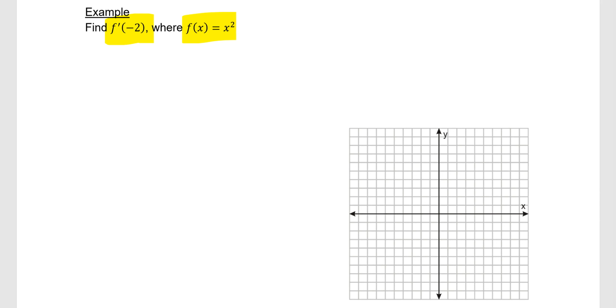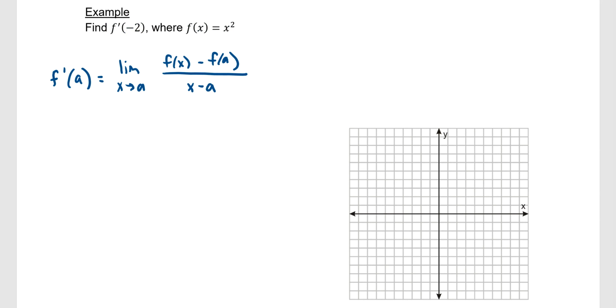All right, so let's use this definition. I'm going to write down the generic definition we just had a second ago. F prime of a equals the limit as x approaches a of f of x minus f of a, all over x minus a. All right, so now we're going to have a whole lot of things to plug in. First of all, our a is -2.